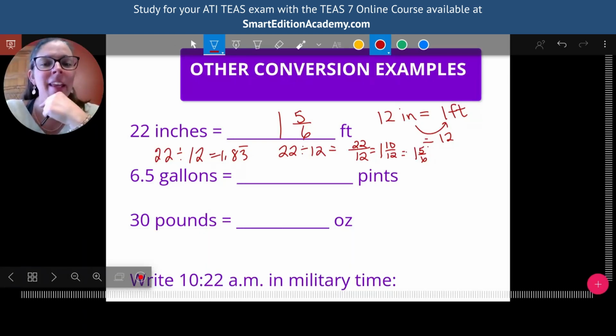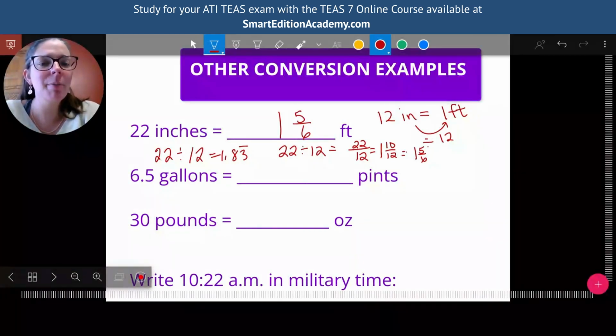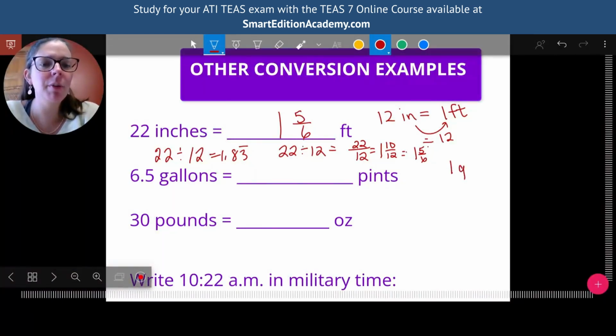Okay. Let's go from gallons to pints. So 6.5 gallons equals how many pints? Well, I didn't have a conversion to go straight from gallons to pints, but I did have a couple conversions that could be helpful. I know that 1 gallon is equal to 4 quarts. And I also know that 1 quart is equal to 2 pints. So I could do both of those conversions and go from gallons to quarts first.